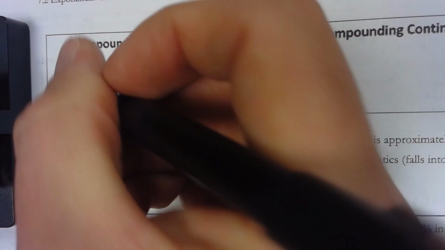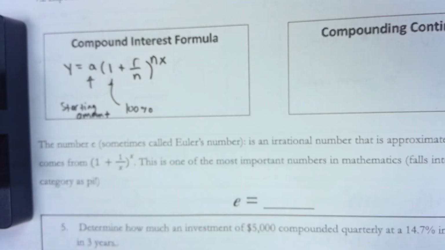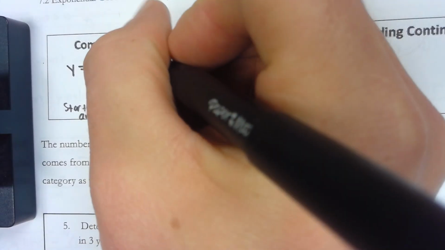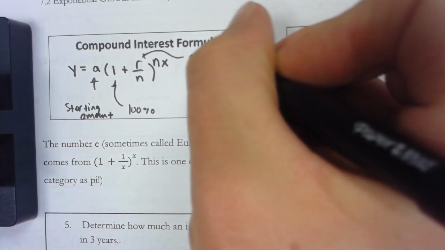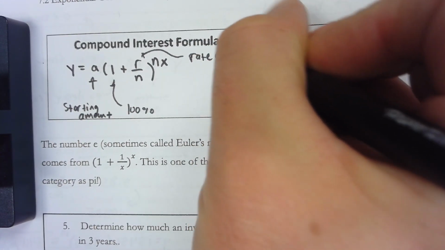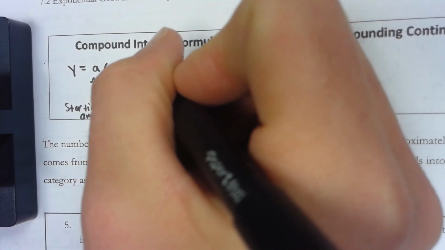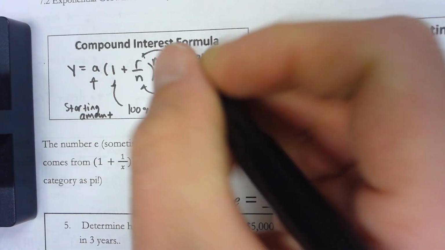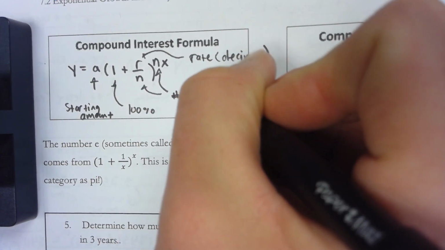That 1 still represents the 100%. r still represents our rate, and make sure it's as a decimal. And then n is going to be the same in both cases. That's the number of compounding periods.